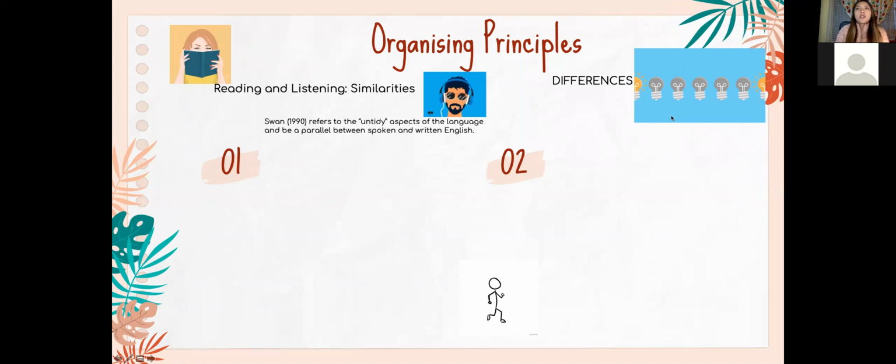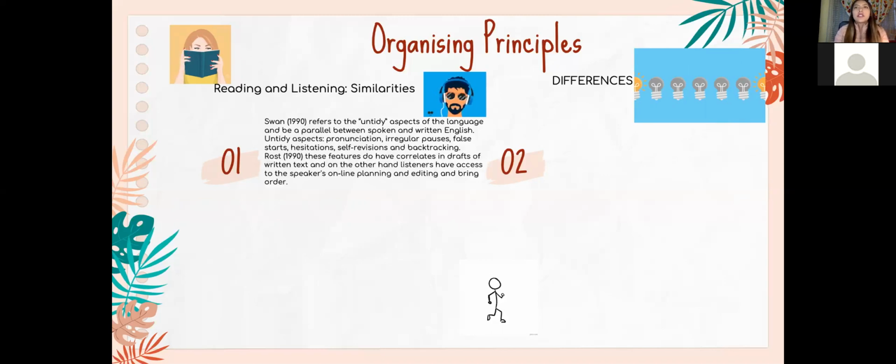So we're going to check that there are some untidy aspects that could influence spoken language. For example, pronunciation, irregular pauses, false starts, hesitation, etc. Self-revision and backtracking.